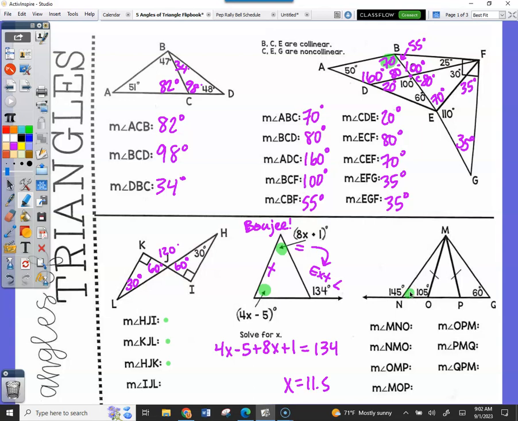You do have an isosceles triangle in here, which means you will have base angles congruent. This will be congruent to this, so once you find that, it's going to help you, okay? All right, finish answering that.